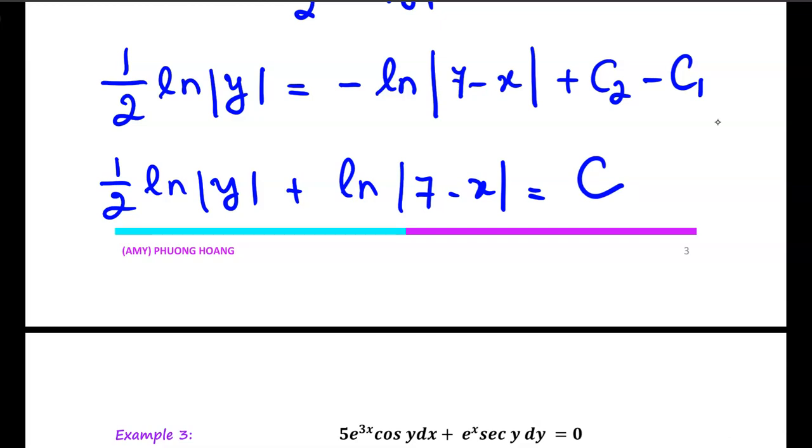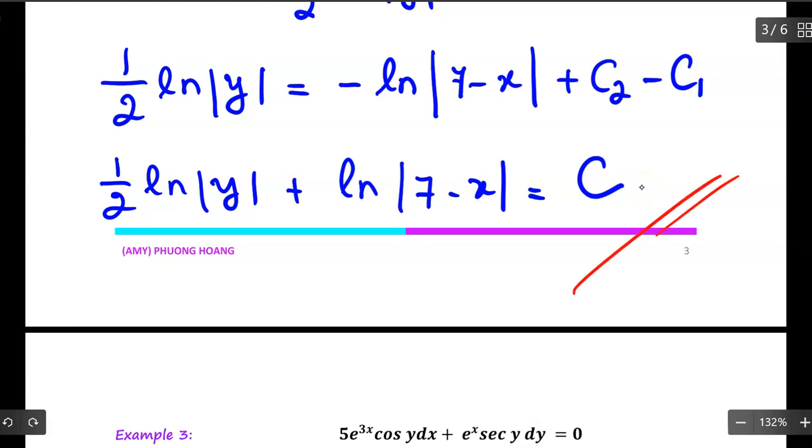All the terms involving the x and y variables go on this part of the equation, and just c stays on the right hand side of the equation. Alright, so this is done. Pretty simple.